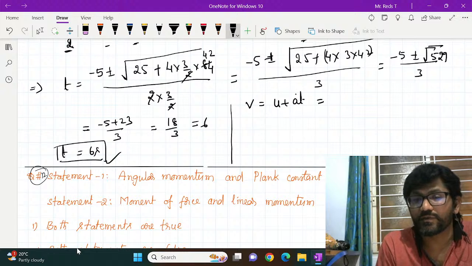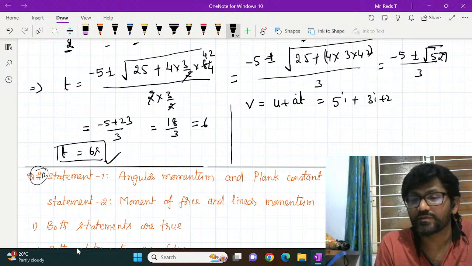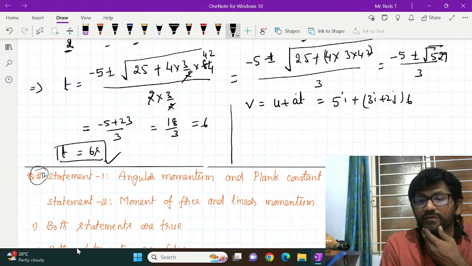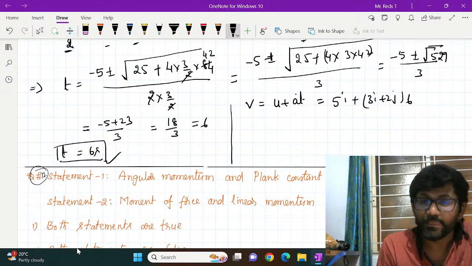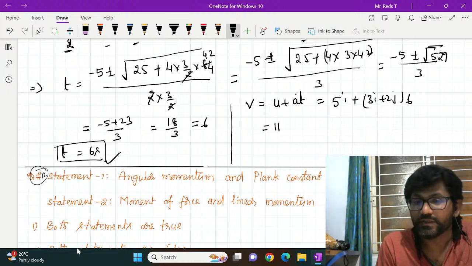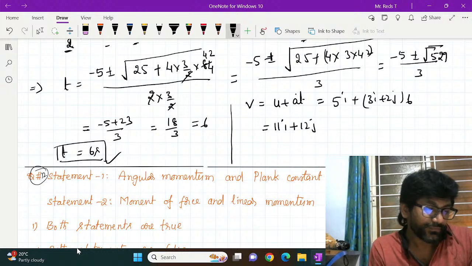In vector form, u is 5i and a is 3i plus 2j, so v equals u plus a into t. t is 6. If you simplify this, you will get 6i plus 12j. 6i plus 5 is 11i. 11i plus 12j.